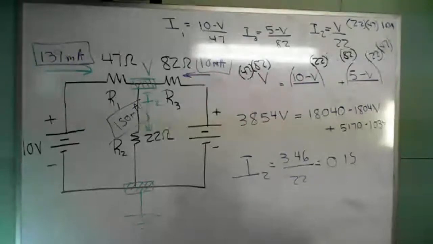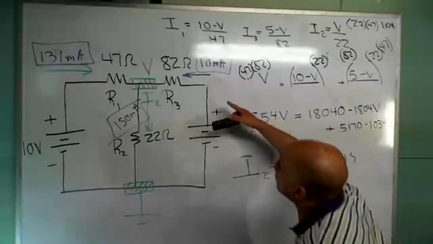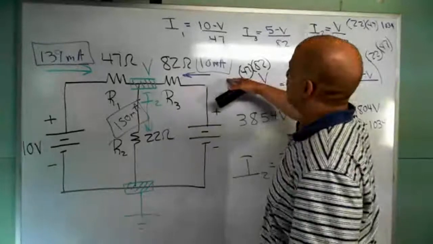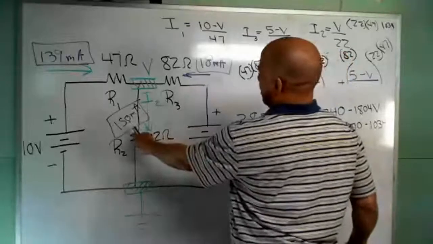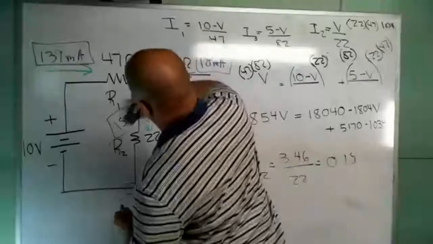Yes, 139. And then I3 is 18 milliamps. This is 18? Yes, 18 milliamps. Okay. And then what would this be? And then I2 equals 157 milliamps. Okay. That's a little better.